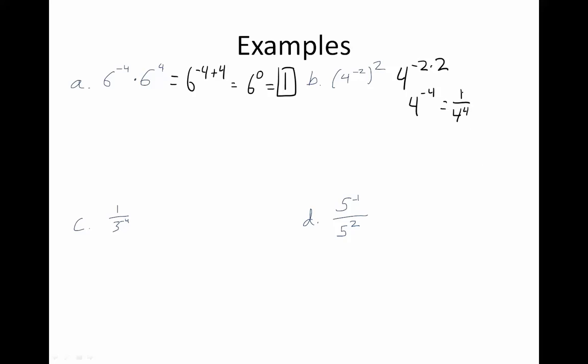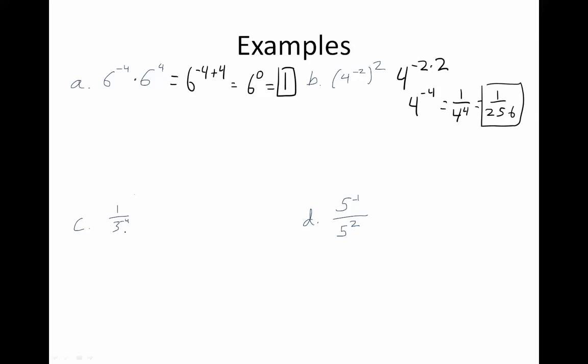So I have 1 over 4 to the 4th. And we can go ahead and solve this last step if we want to. Let's see, that would be 4 times 4 is 16. 16 times 4 is 64. 64 times 4 is 256. So that's 1 over 256.